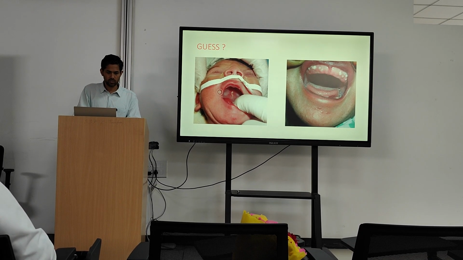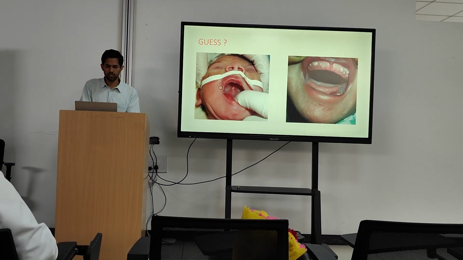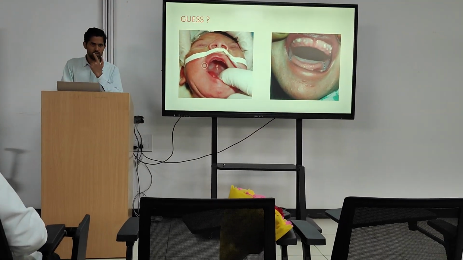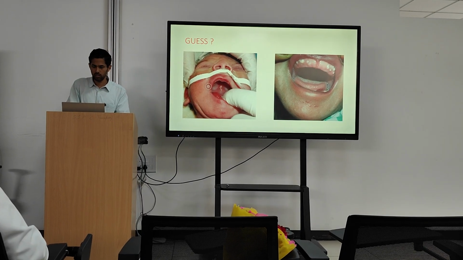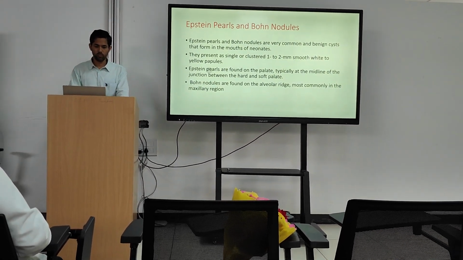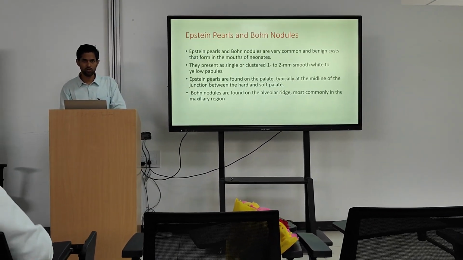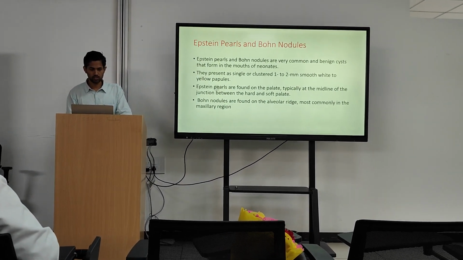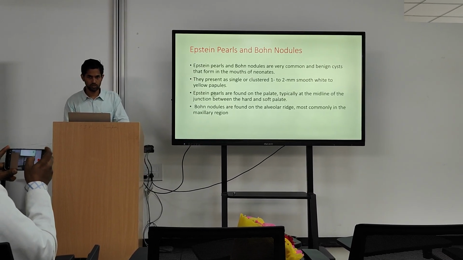So the first photo is something on the hard palate, and the second one on the gum. What is this? Epstein pearls, and the second one is Bohn nodules. Epstein pearls and Bohn nodules are very common and benign cysts in the mouths of neonates. They present as single or clustered 1 to 2 mm smooth white to yellow papules.